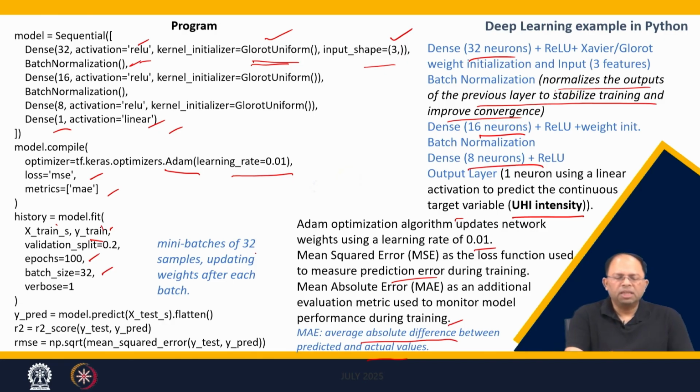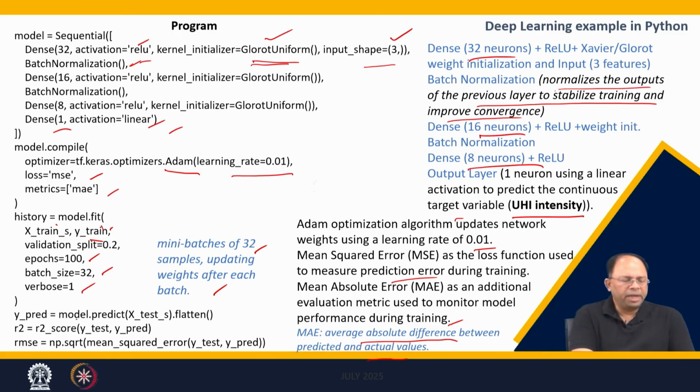That means we go for mini batches of 32 samples, updating weights after each batch. Verbose equal to 1 means that for each iteration you can see the steps. I have not given the steps output over here, but in the last ANN lecture you have already seen how this verbose output comes.